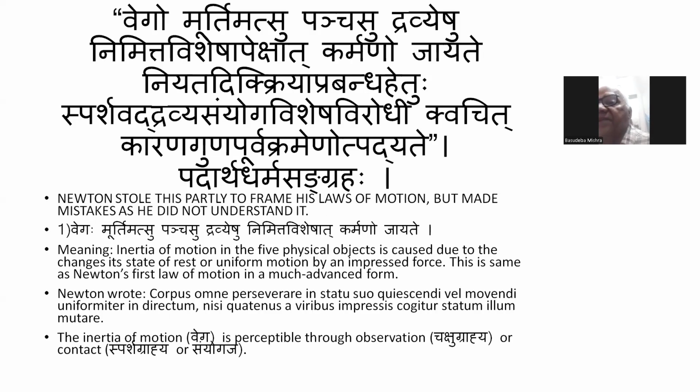Next. You see, here is one example of how we had science and how the West copied from us. In the West, there was no science till Newton, and suddenly Newton comes, and suddenly the West is flooded with lots of science. How come?